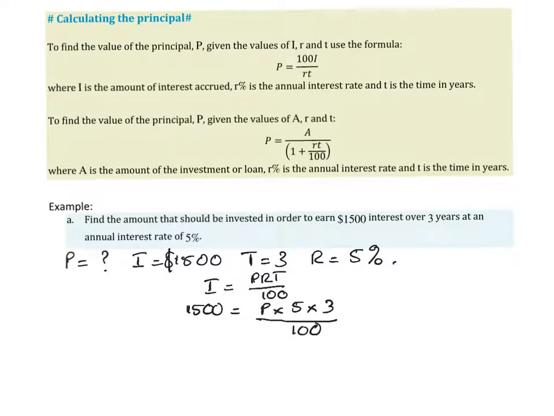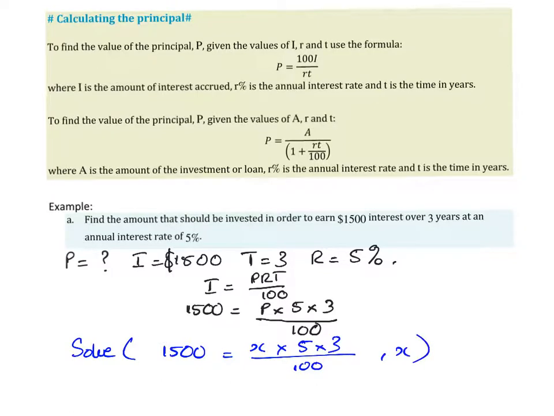And very obviously, because we've done so much of this now, we can use our solve function on our calculator. So solve is equal to 1,500. And instead of P, I'm going to use X times 5 times 3 over 100, comma X. And I get X is equal to 10,000.